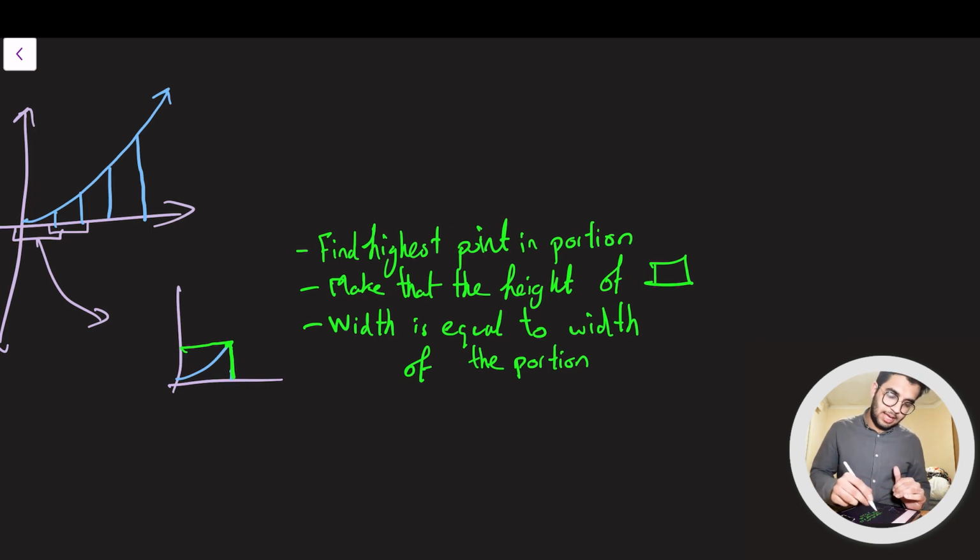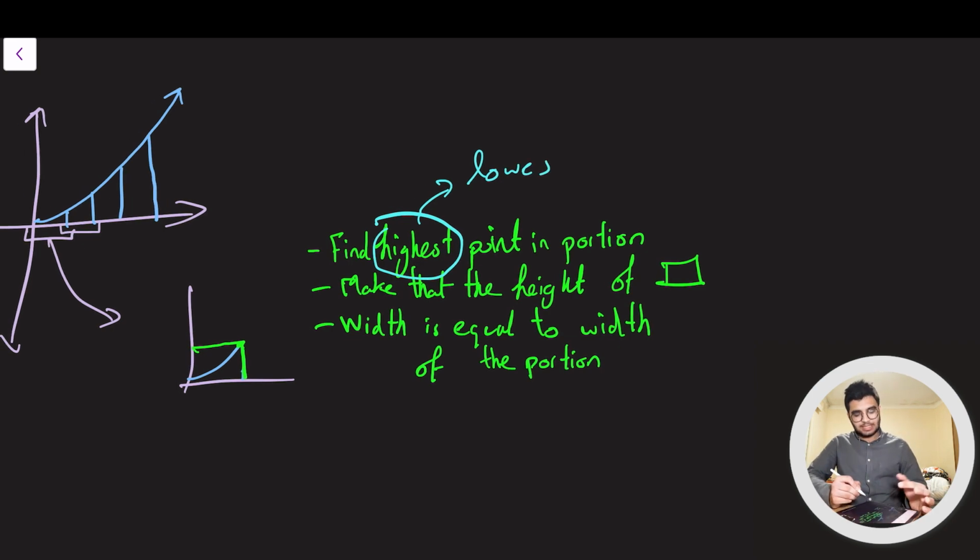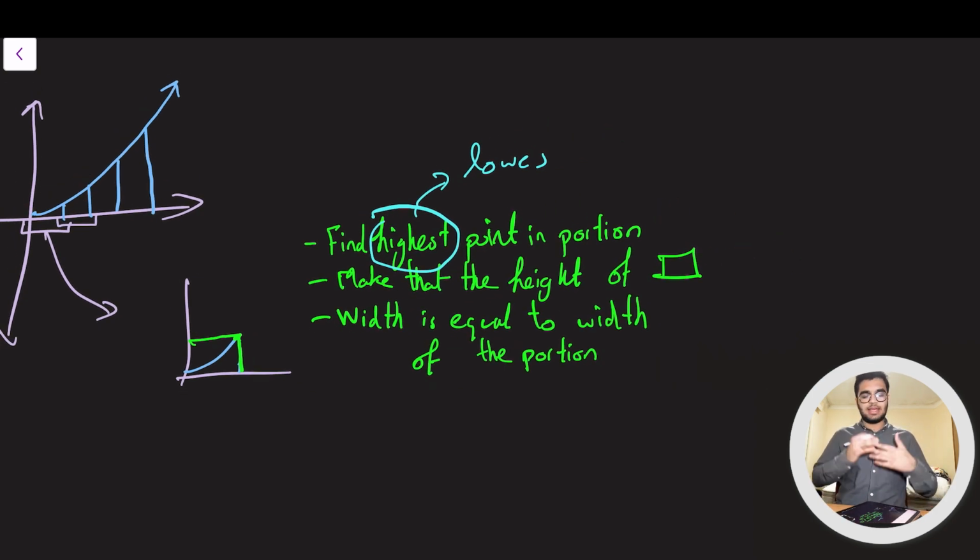Same thing with the smaller rectangle. Instead of highest, we go with the lowest point. The aim is to have the big rectangle entirely above the curve, and the lower rectangle entirely below the curve.